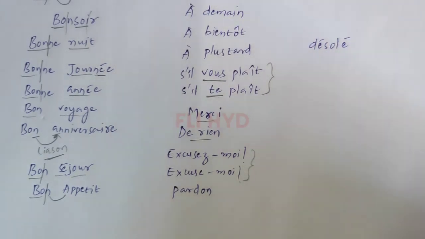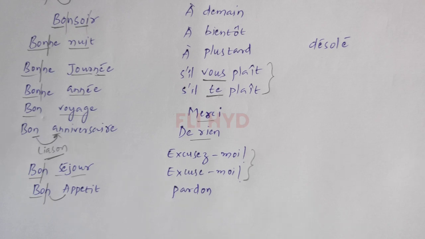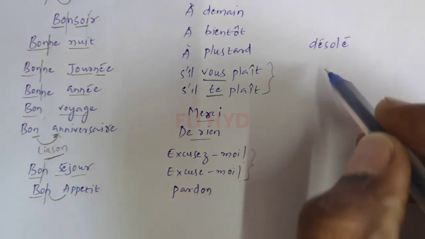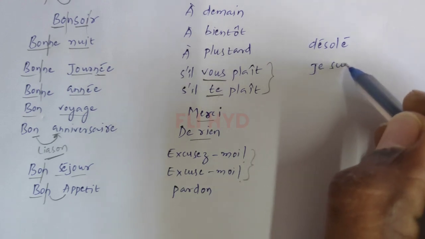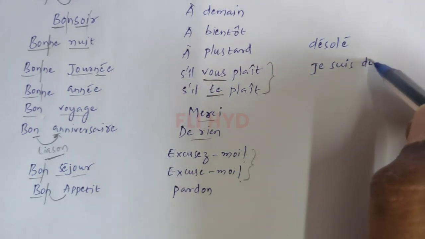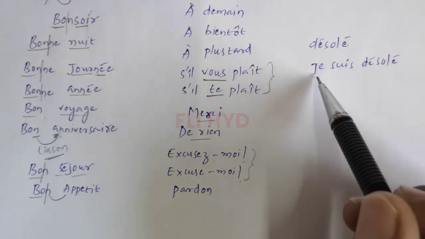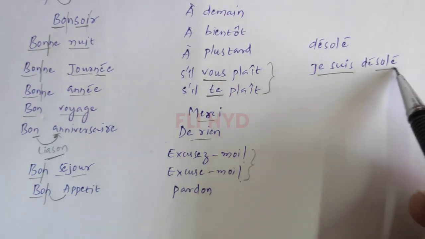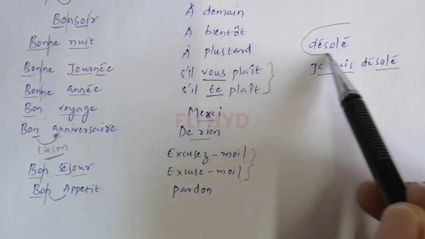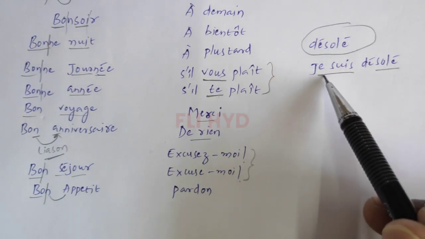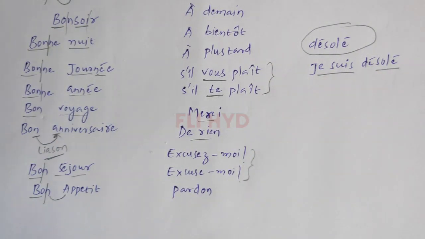You can also simply say désolé. But we have another expression for the same thing, je suis désolé, I'm sorry. Je suis means I am, désolé, sorry. You can say simply désolé, or you can say je suis désolé, I'm sorry.